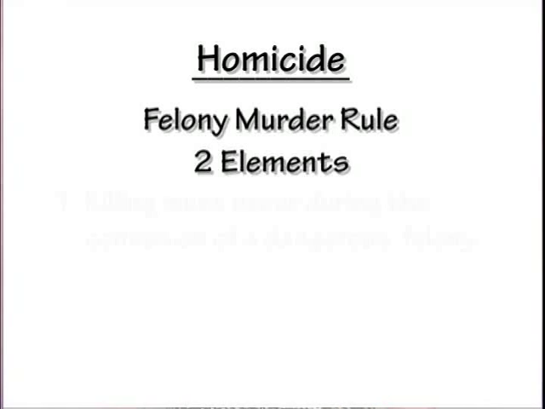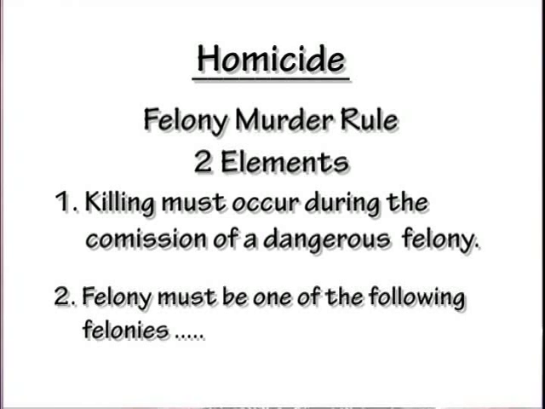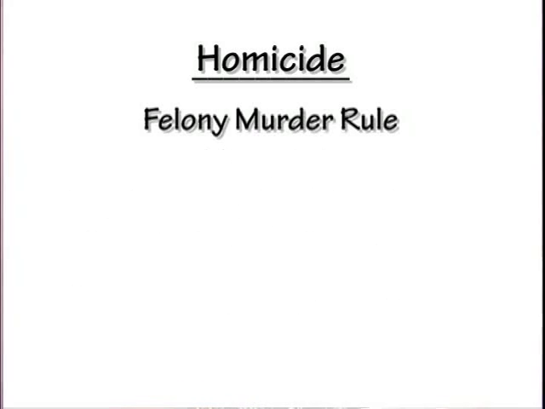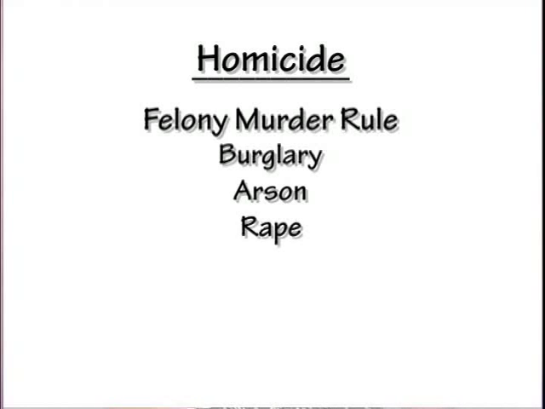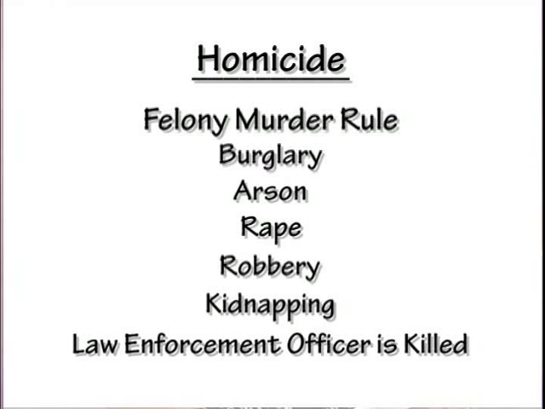Those 2 elements are, number 1, the killing must occur during the commission of a dangerous felony. And number 2, the felony must be one of the following felonies. I'm going to go over those with you. They are burglary, arson, rape, robbery, kidnapping, or by statute, when someone kills a law enforcement officer, someone can be found guilty of felony murder.